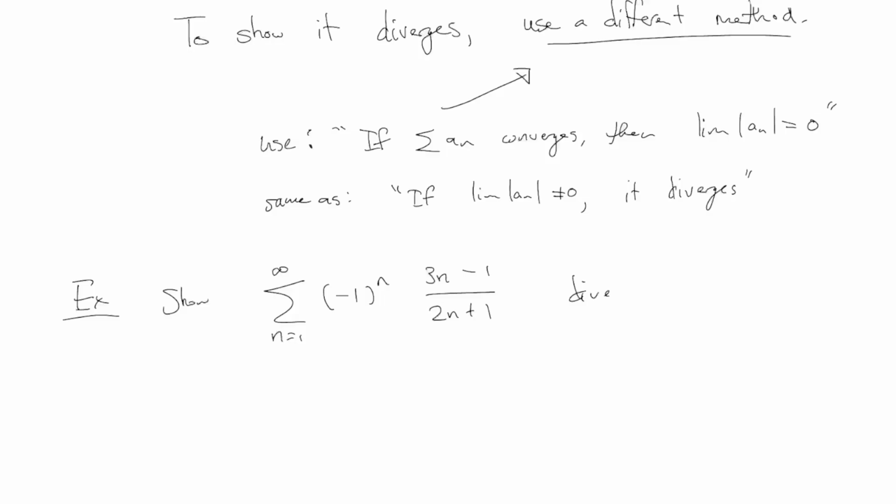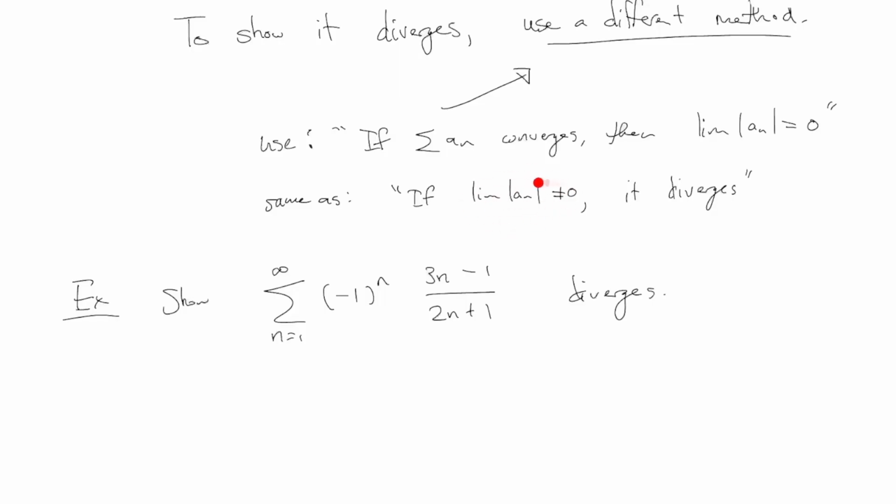Show that this one diverges, all right? Since I want you to show it diverges, you cannot use the alternating series test. That's only to show that something converges. But we can use what I said up here. If the limit of the absolute values is not 0, then it diverges. So that's what I'm going to demonstrate.